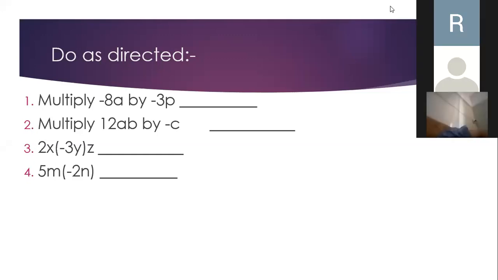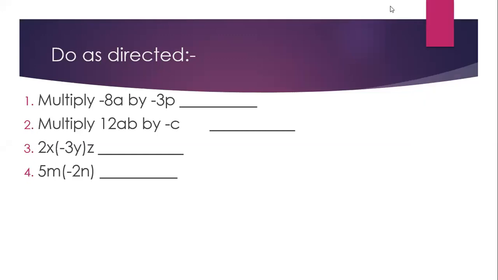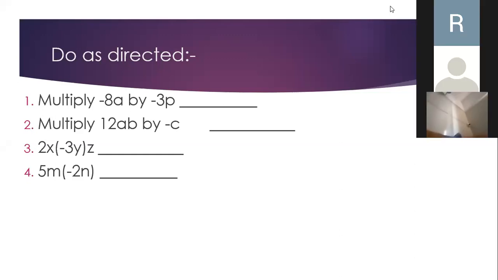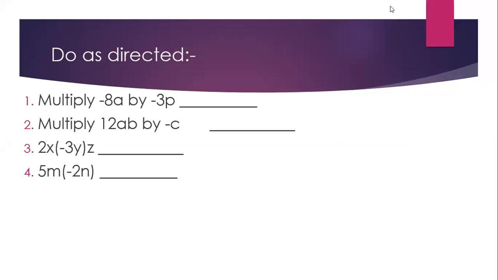Very good, Kainat. Yes, Talha. So let's discuss answer number 1. Here minus will give you plus. So I get plus 8 threes are 24, and AP will be written as it is.